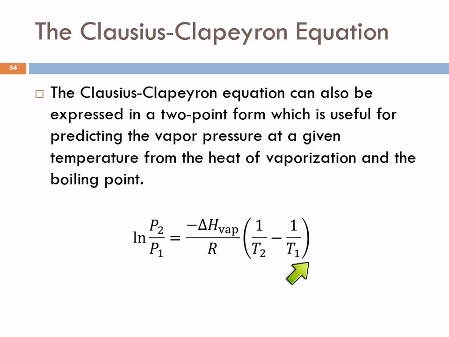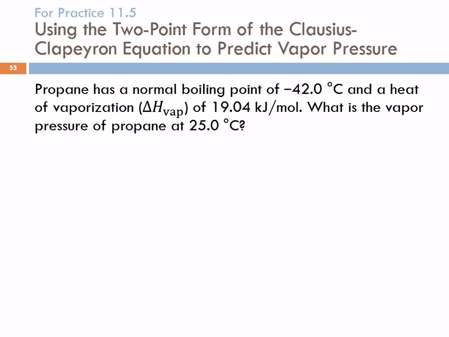The natural log of P2 over P1 equals negative heat of vaporization over R times 1 over T2 minus 1 over T1. The temperatures have to be in Kelvin.